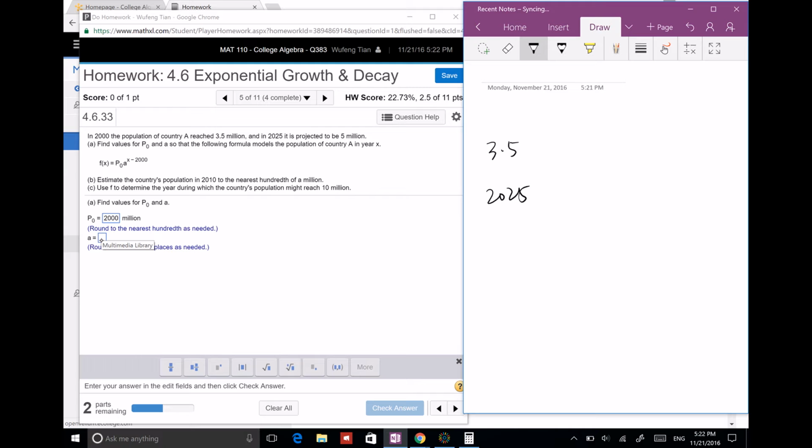So 3.5 times e to rt, where t is x minus 2000, y equals p.